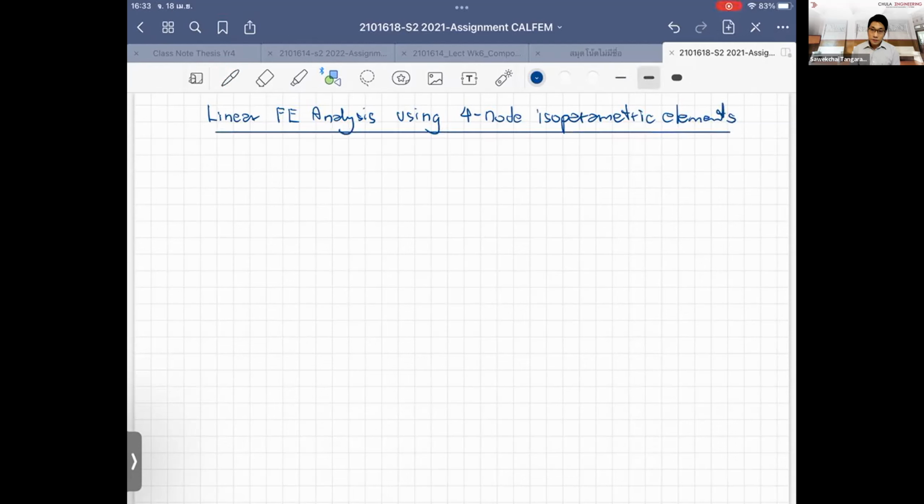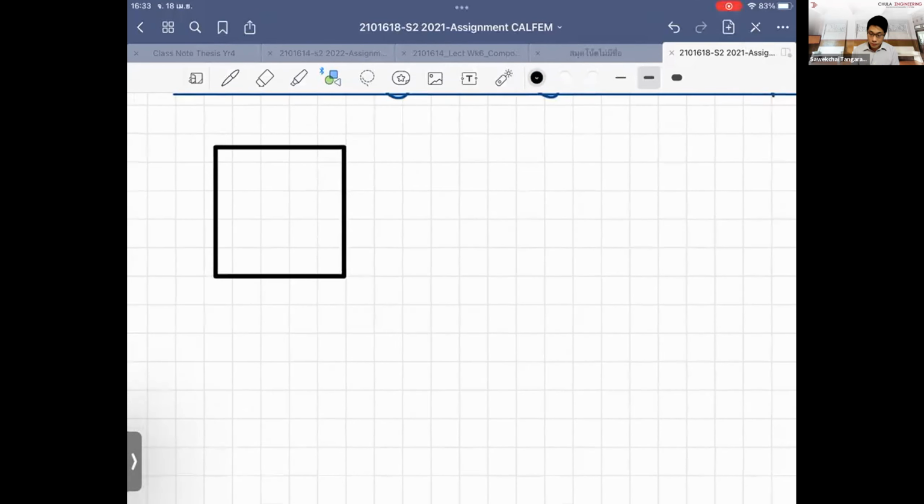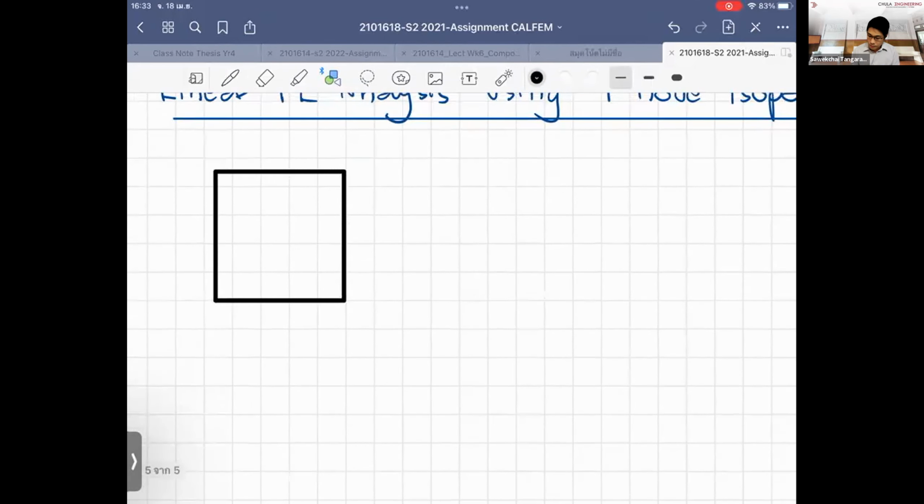What does isoparametric element mean? When we look at isoparametric elements, the first thing you need to know is the geometry you're looking at. We have a square in terms of the element, and the coordinates are the eta coordinate and the xi coordinate.